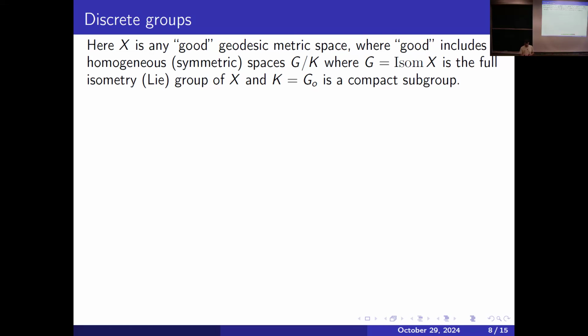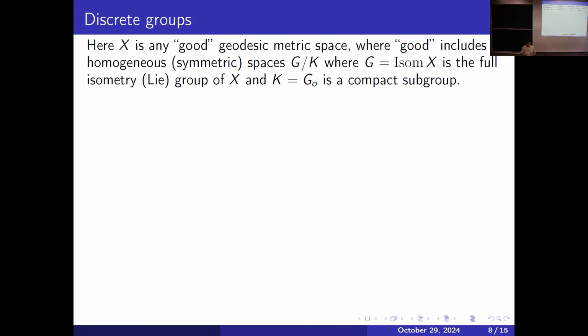Here I mean symmetric, since in fact our G mod K will always allow us to get the involutive automorphism of the Lie group G, which gives us the involution at any point of the space X, and these are the so-called symmetries, and then the spaces are called symmetric or Riemannian symmetric spaces.